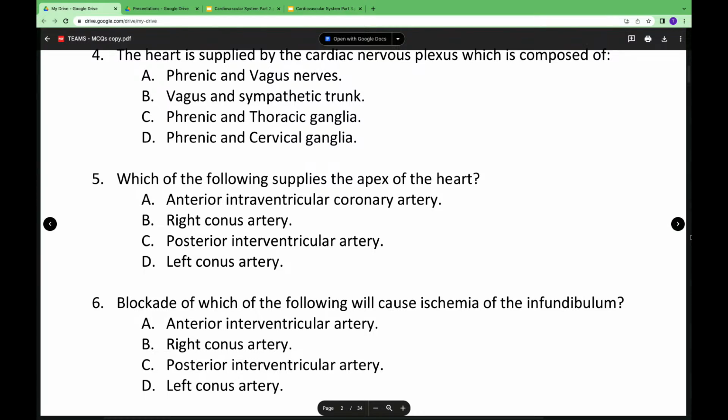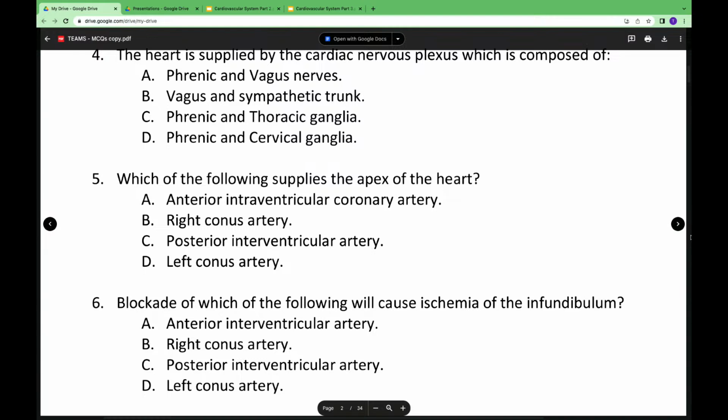The heart is supplied by the cardiac nervous plexus, which is composed of. Okay, yeah, correct. Which of the following supplies the apex of the heart? Okay, that's correct. Good.